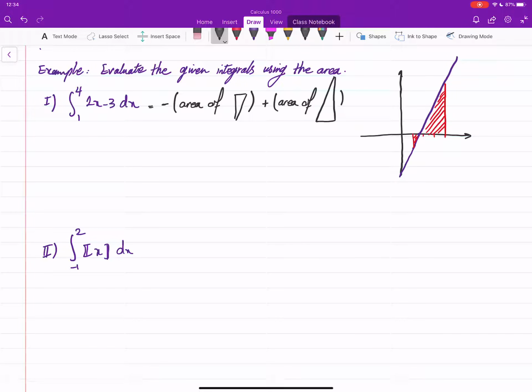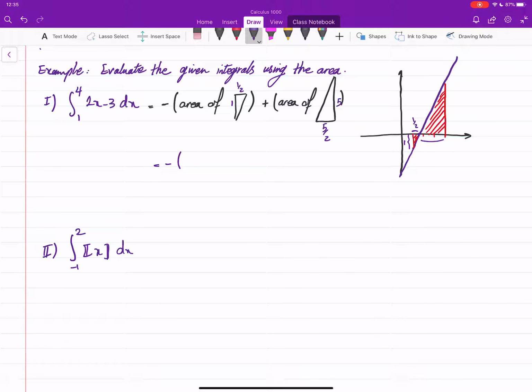We need to know the height and base of these. Here, for example, you see this here is 1 over 2, and here is 1. So I have 1 over 2, 1 here. How about this? This is 2.5, which is 5 over 2. And the height of that at 4, when you plug in, is 5. Now you can compute those areas.